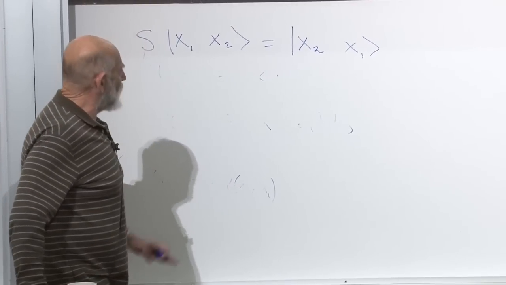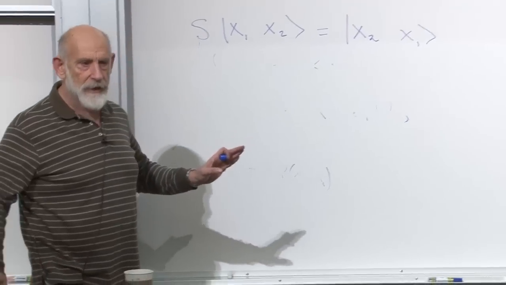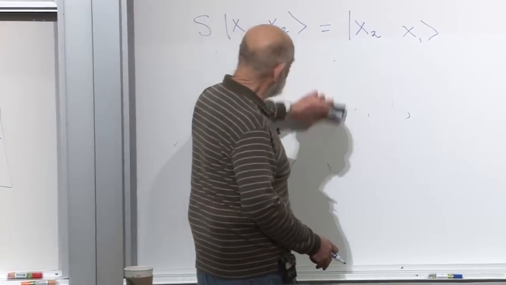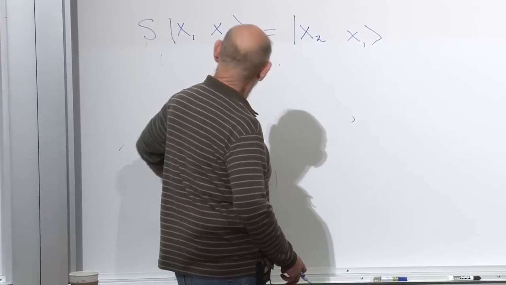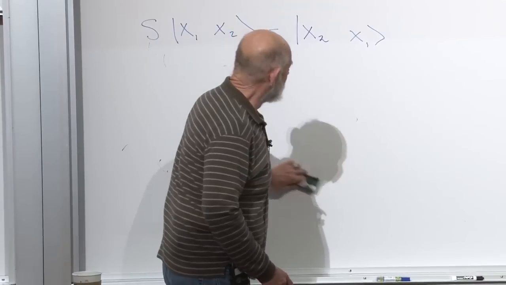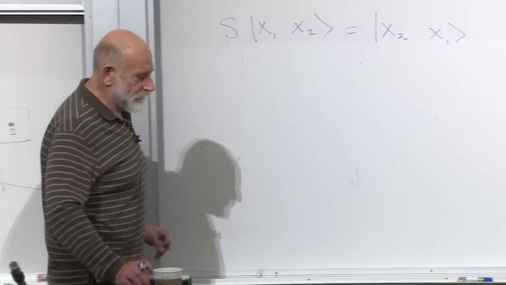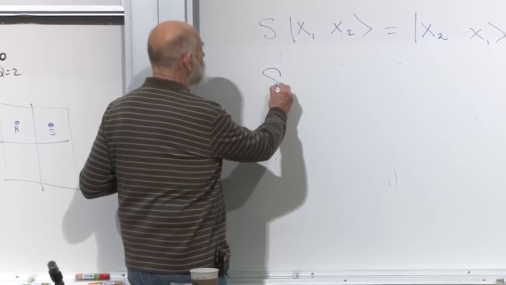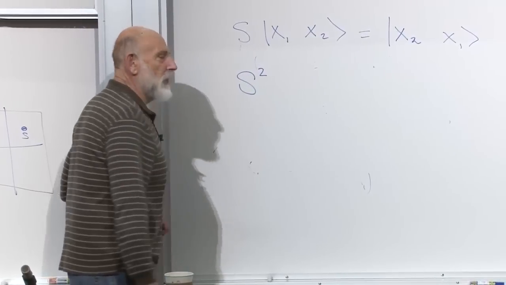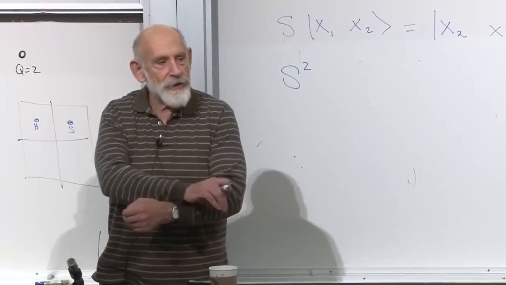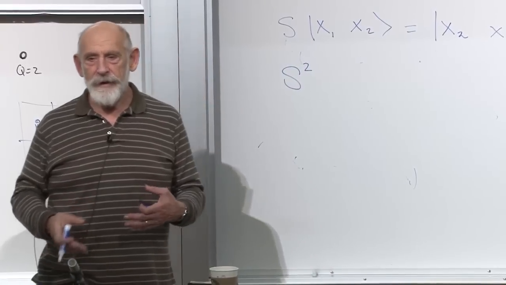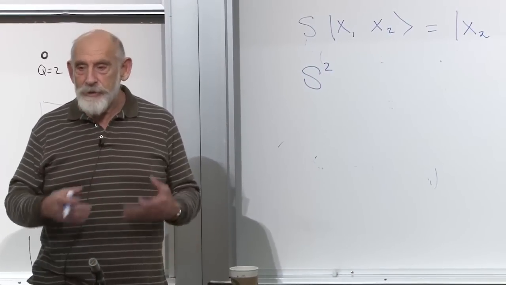So this is a possible operation that you can do on the state of two particles. Here's an interesting fact. Take the operation S squared. What does S squared do? It swaps and then it swaps again. What happens if you swap twice?